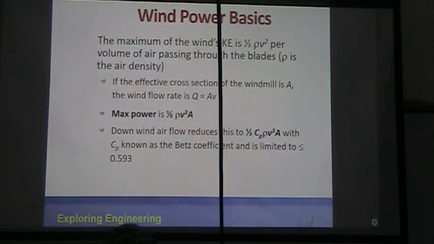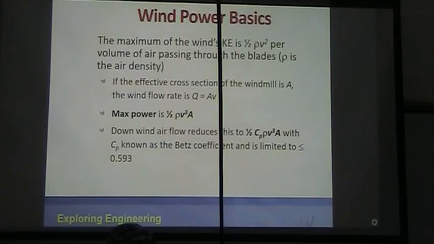If our effective cross-section of the windmill is A, and our wind flow rate is Q, we usually use Q for movement of all kinds of things.